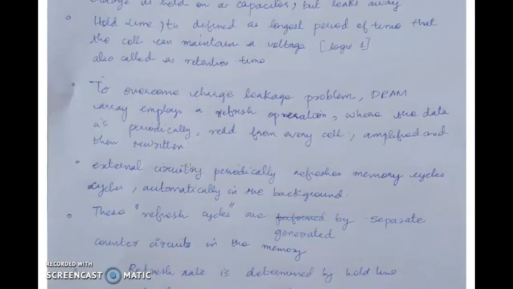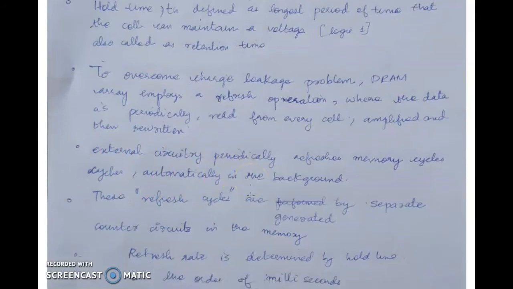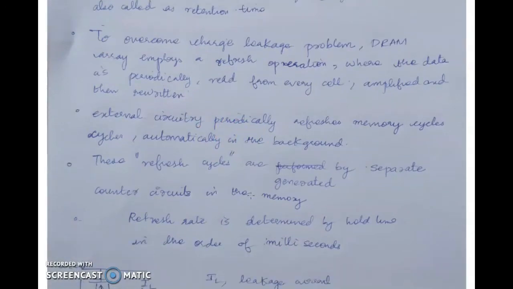For periodic refreshing, an external circuitry is employed which works automatically in the background. These refresh cycles are generated by separate counter circuits in memory. Periodic refreshing means that after every few milliseconds this operation has to take place. So for that, scheduling these counter circuits is required.